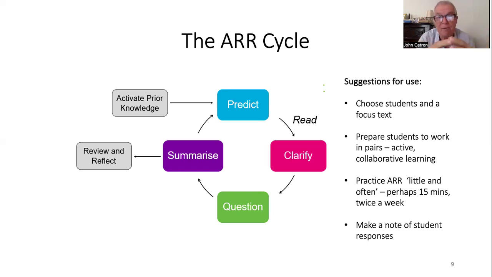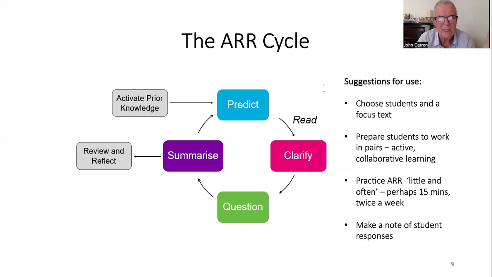So, if, for instance, they're reading a novel in English, you ask them in pairs, what have we already read? What do we know? What are the themes of this book? What is the author called, and what is the author's purpose? What are the themes? So you're getting them to discuss before you predict. And then you come to the prediction itself.